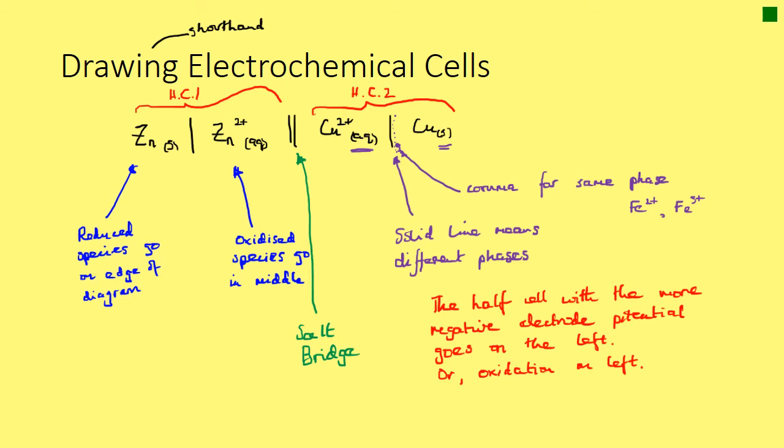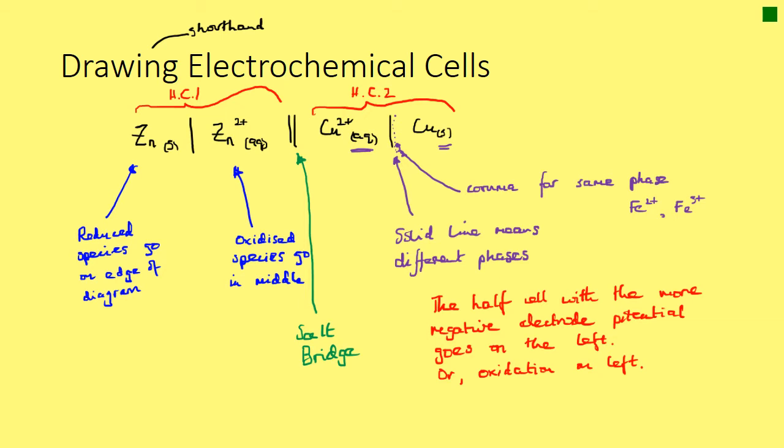Okay, so in zinc's case, the oxidized species is the zinc ions, and they go into the middle, which is nearby the double vertical lines, and the reduced species of the zinc half cell is the zinc solid, and so they go onto the left hand side. Now, in the copper case, in half cell number 2, the reduced species is the copper solid, and so that goes on the outside, and the oxidized species is the copper 2+ ions, and they go in the middle.